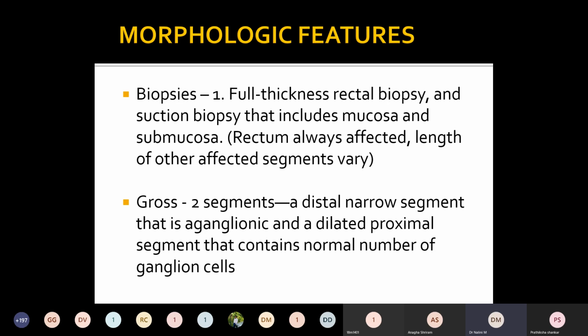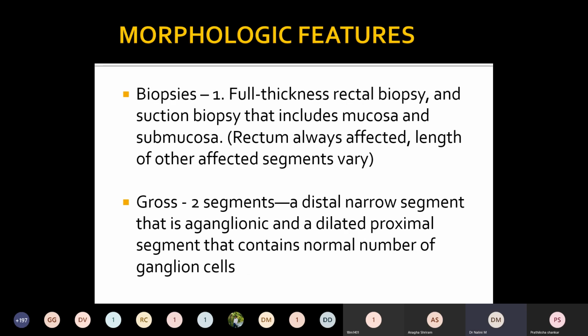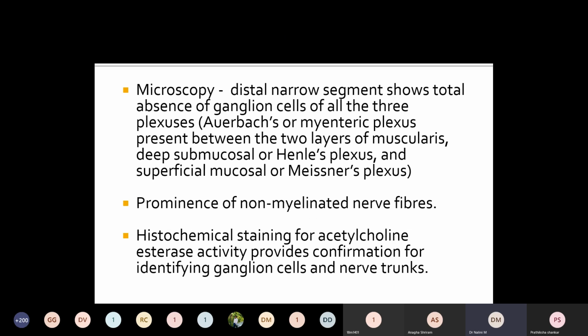The better option is to take a distal narrow segment that is aganglionic, and a proximal segment that contains a number of ganglion cells. We need this for comparison. So both the distal aganglionic segment and the proximal dilated segment need to be biopsied for diagnosis.